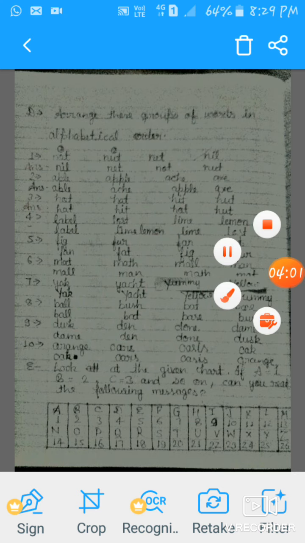Then you will arrange these words in the correct sequence: able, apple, egg, eggs, okay, through the second letters, okay.